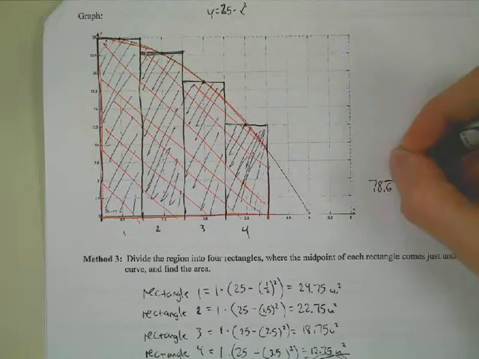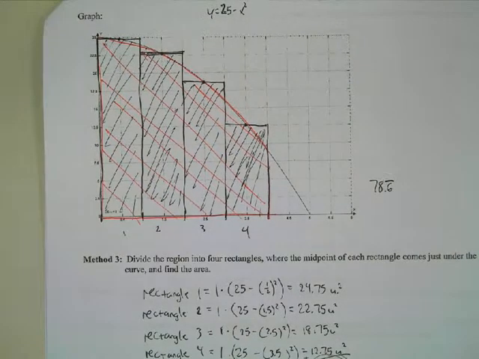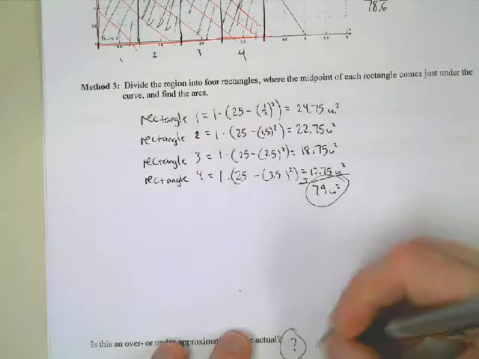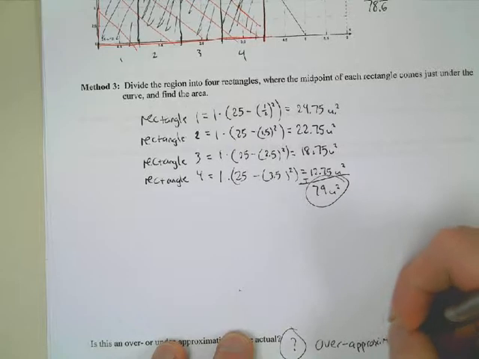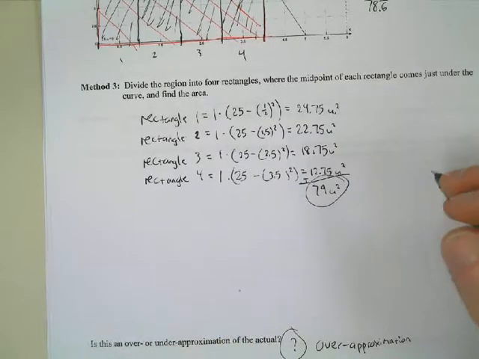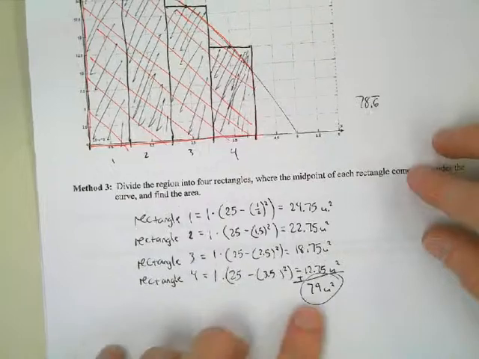So again, it's an over approximation, which is what we were expecting from the fact that it's decreasing. A slight over approximation, just by 1/3. It's pretty good. 78.6 repeating is the actual.